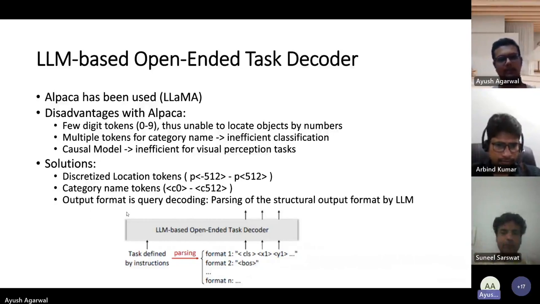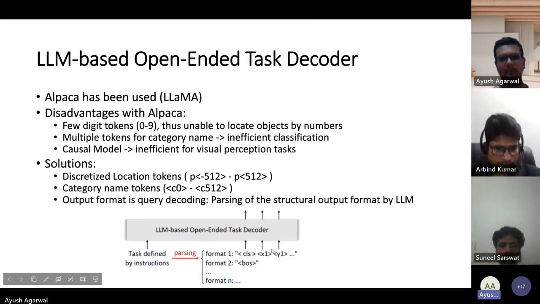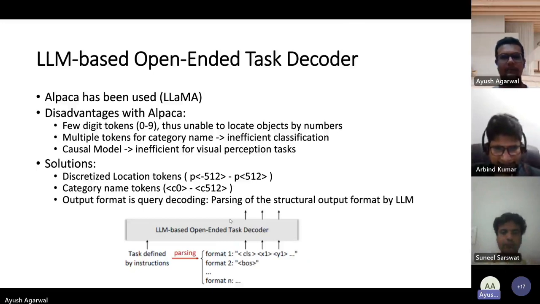Then the third thing is that the output format of this LLM is query decoding, as in we provide queries in a very specified format, and then it decodes those queries. When we define the task, what the LLM is first doing is parsing the instructions to form a structural output. For example, we were seeing that a unified instruction is given, and from that it is parsing.